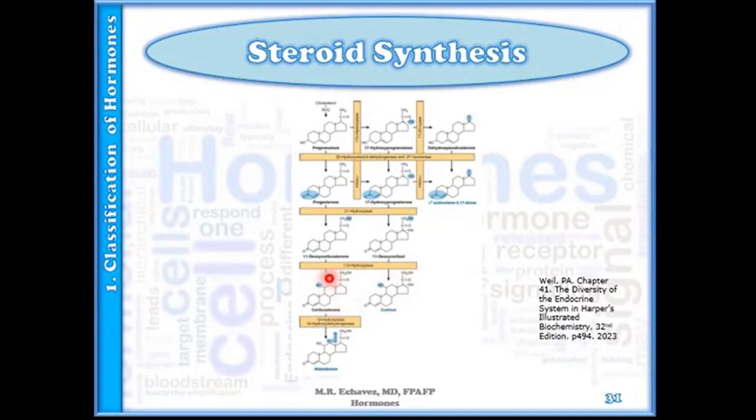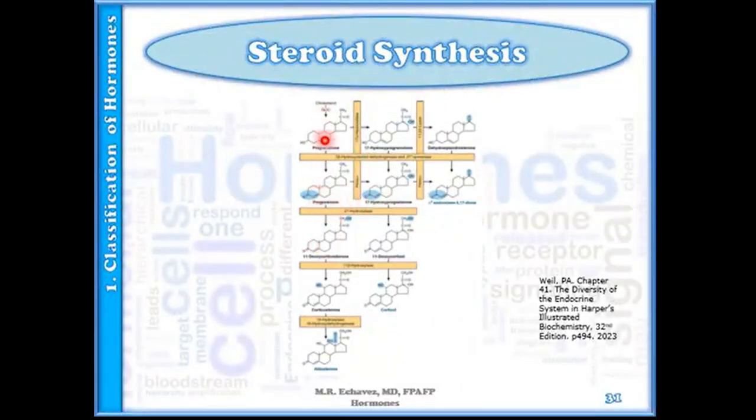Now from here, with further reaction, specifically by aldosterone synthase, this becomes your aldosterone. So this is now your mineralocorticoid. If you see from the start, by the addition or changing of functional groups, you end up with a different hormone and the function is also different.